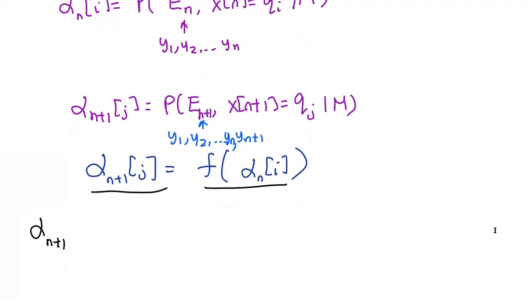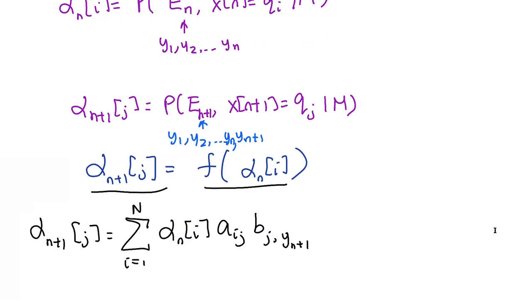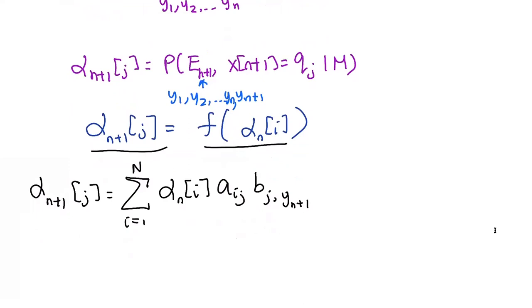Without proof, what it turns out is that this recursive function ends up being the forward variable at time n times the state transition probability times the state emission probability, and then summed over i equals 1 to capital N. Part of it represents the probability that the state at time n is qi.